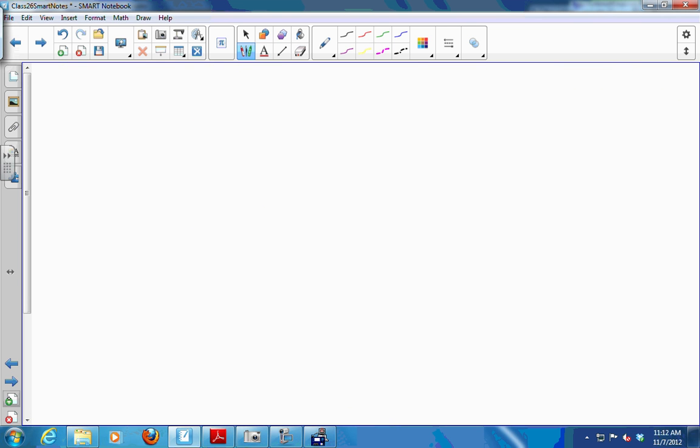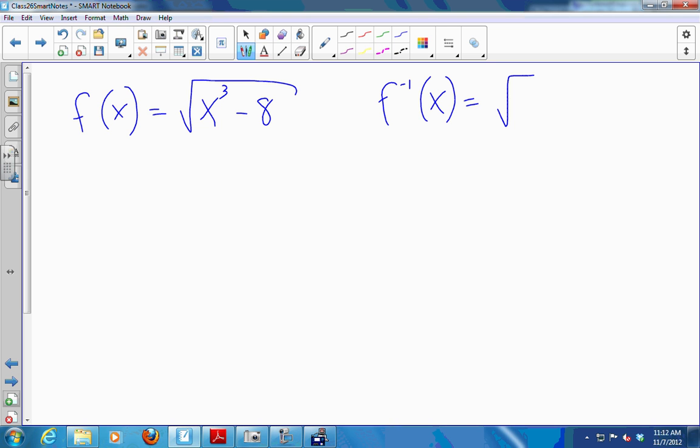Actually, I'll start a new slide. Okay, so f of x was the square root of x cubed minus 8. And f inverse of x is the cube root of x squared plus 8.